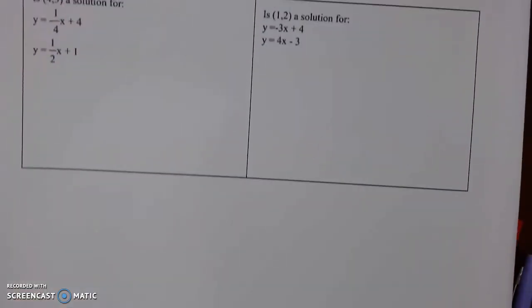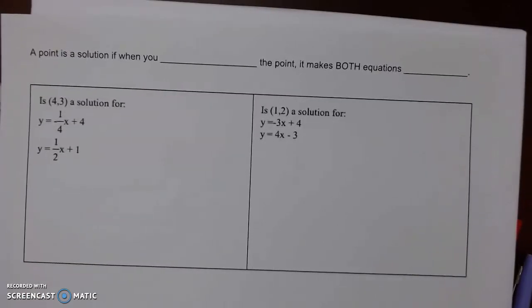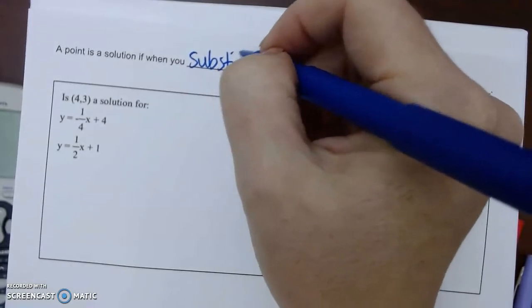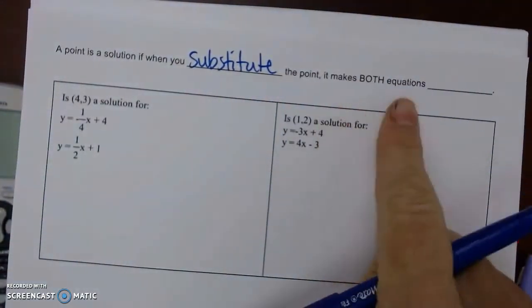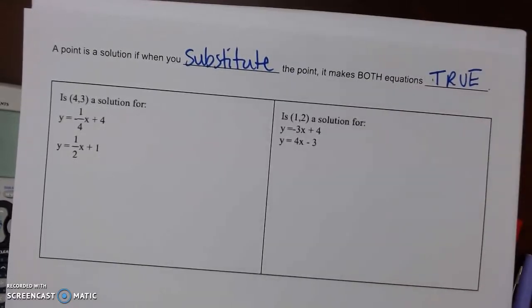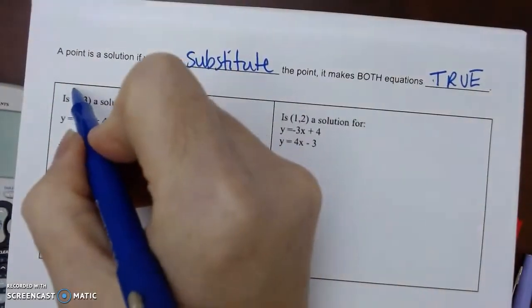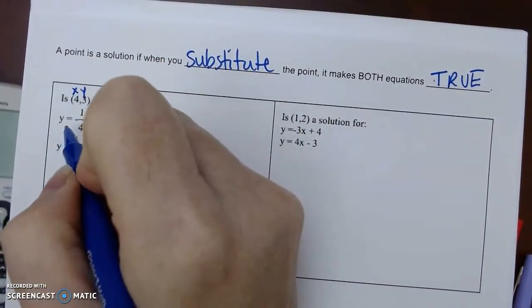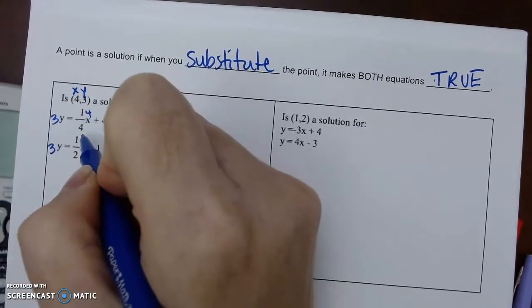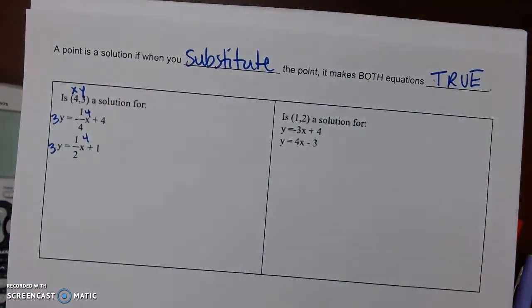All right, so a point is a solution if when you substitute the point, it makes both equations true. If you substitute and it makes it false, then it's not a solution. So this is our x and y values, and we need to substitute. So y is 3 and x is 4, and we want to substitute.